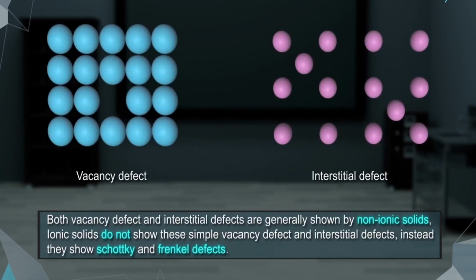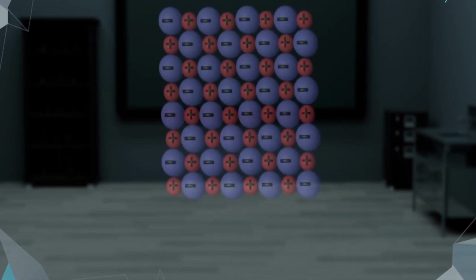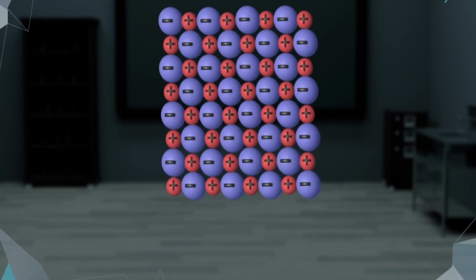Both vacancy defects and interstitial defects are generally shown by non-ionic solids. Ionic solids do not show these simple vacancy and interstitial defects. Instead, they show Schottky and Frenkel defects. Schottky defect. Schottky defect is similar to vacancy defect.